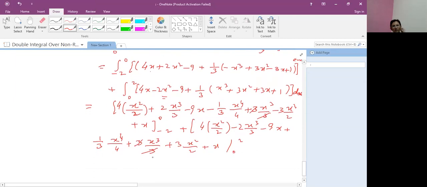Student, when we apply the upper and lower limits, the answer is -68/3.